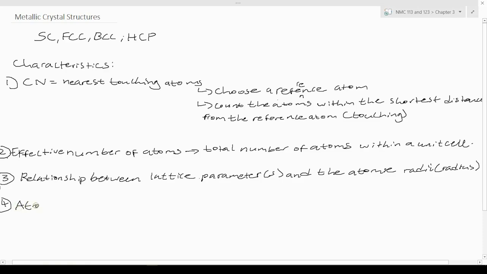That's the atomic packing factor, normally abbreviated as APF, and this is the total atomic volume over the unit cell volume.